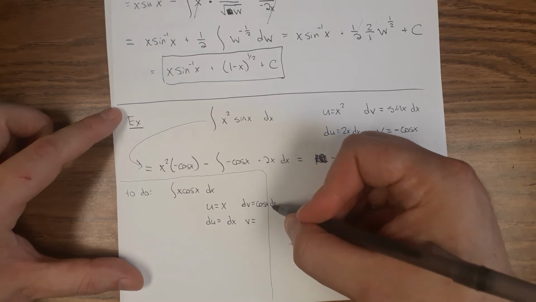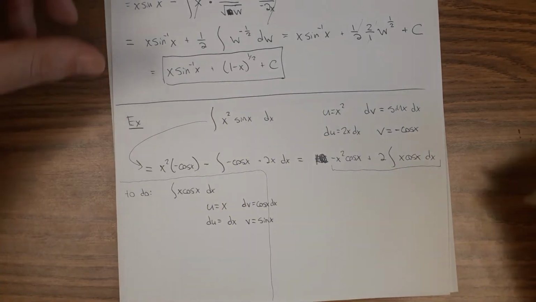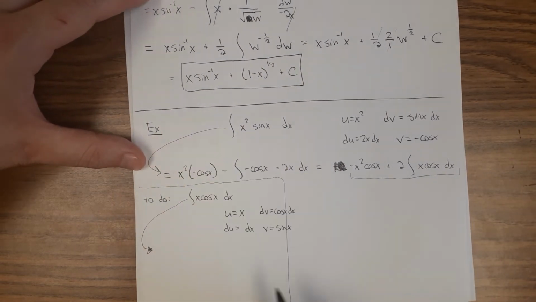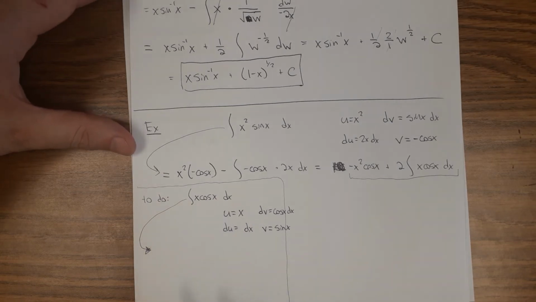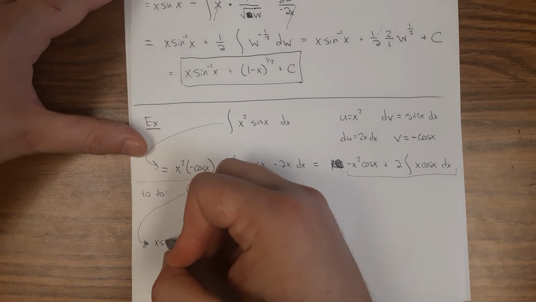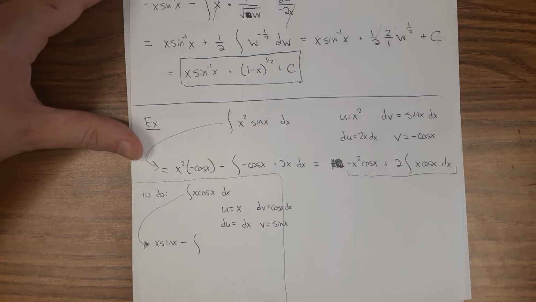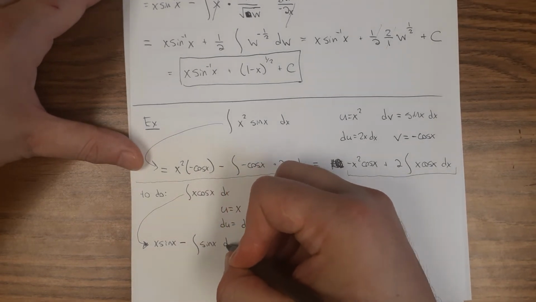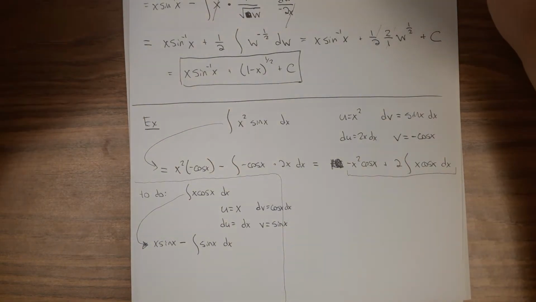V is the antiderivative of this, which is sine. And then I transform this. So the formula is uv minus the integral of v du. So uv minus the integral of v du. V was sine x, du was dx.